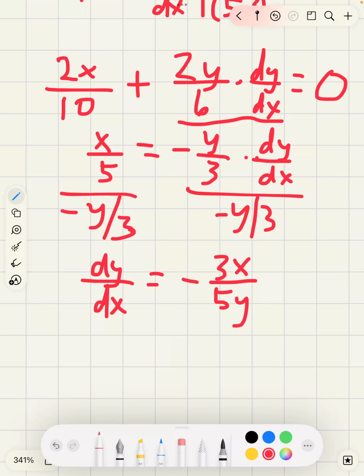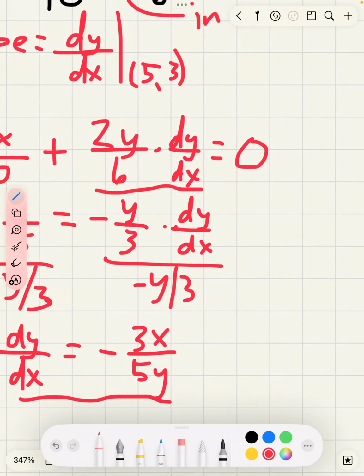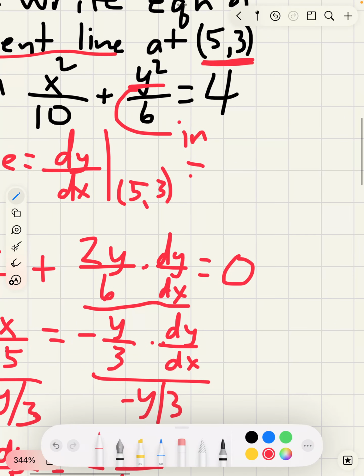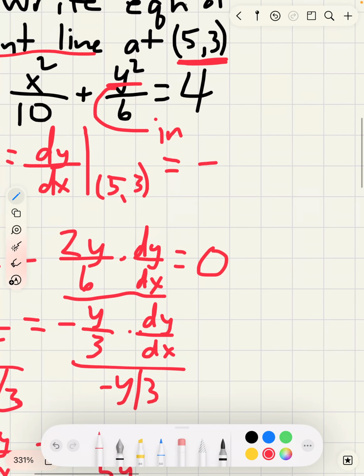Now getting back to the problem, we know that the slope is our derivative with 5 plugged in for x and 3 plugged in for y. So that's going to end up giving me negative 3 times 5, because x is 5. That's the x coordinate, it's the one that comes first.